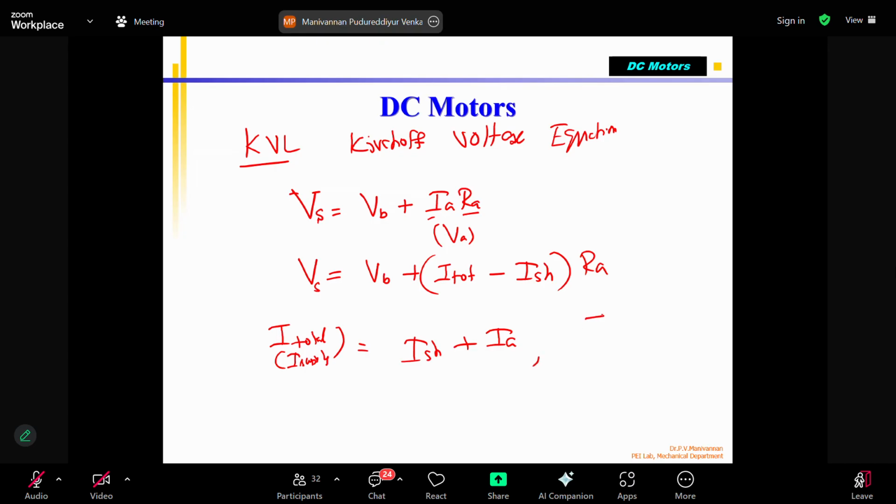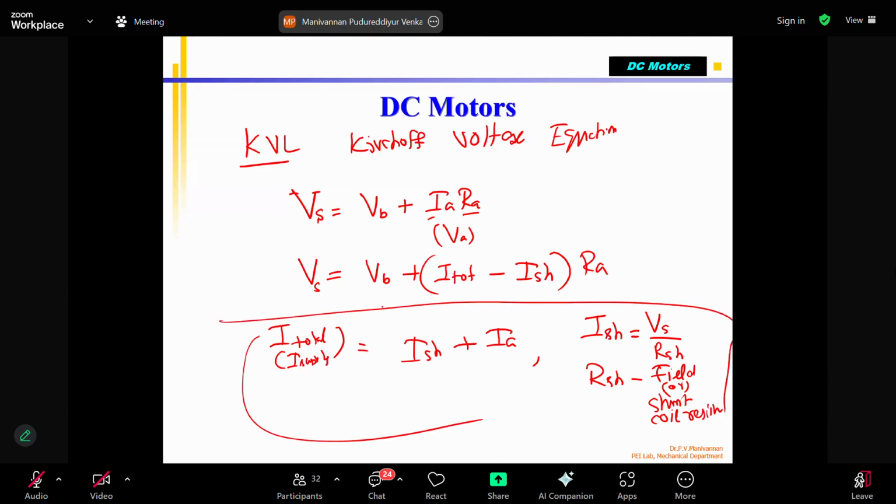We can note down I shunt equal to V supply divided by R shunt, where R shunt is the shunt coil or field coil resistance. Please note that in a shunt motor, the field coil is called a field coil or shunt coil, both names. So from this you can write this equation.